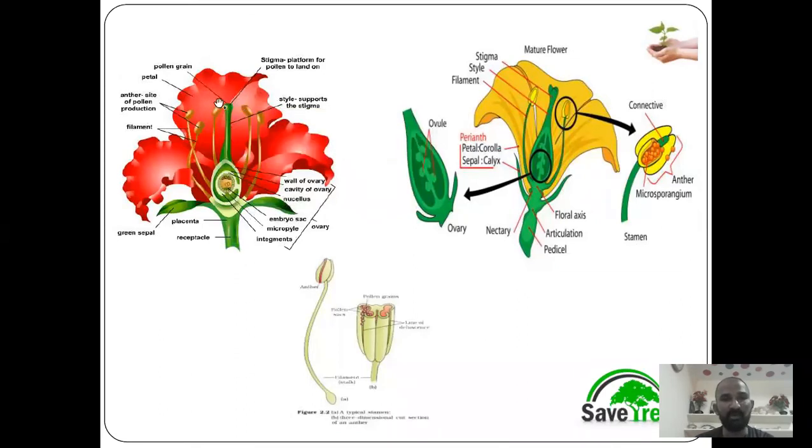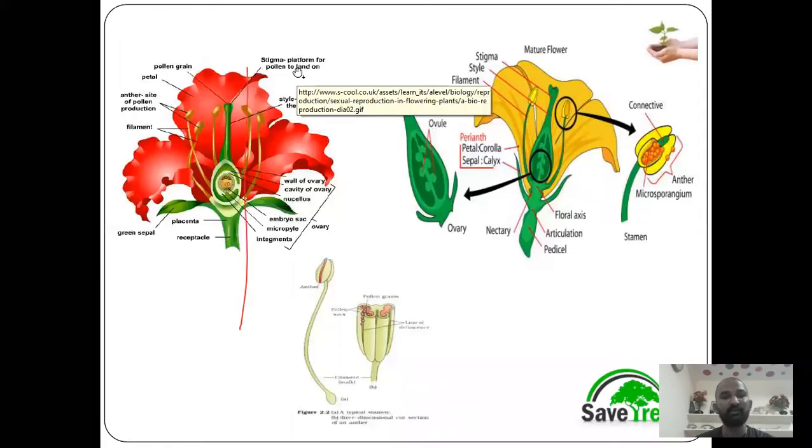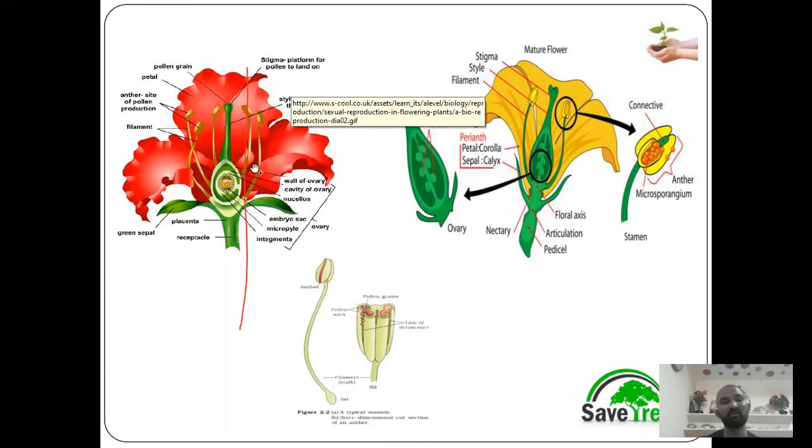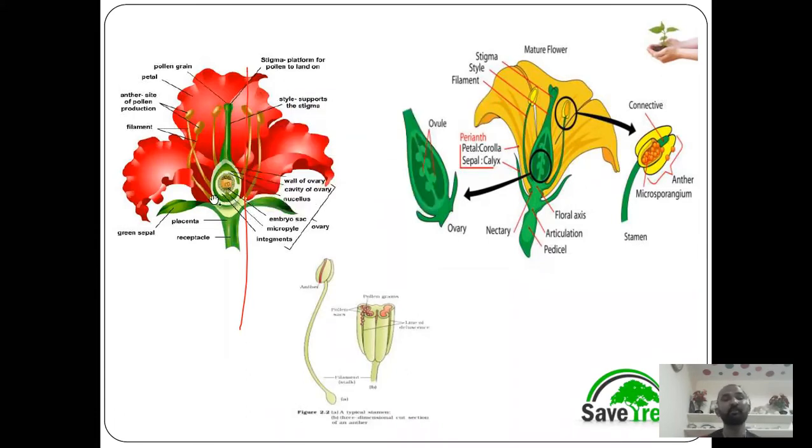The style is capitate at the top to form a stigma, which receives the pollen grain during reproduction. So every gynoecium has three parts: the basal swollen part, the long tube-like part, and the capitate part, which are respectively called ovary, style, and stigma.